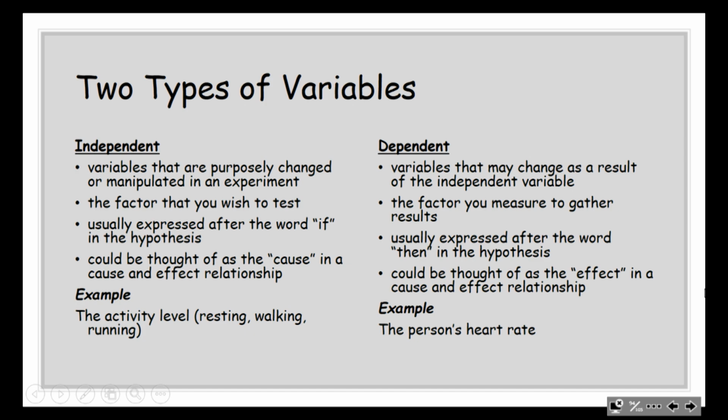So going back to that example I gave you earlier, how does exercise affect your heart rate? The independent variable is what type of exercise we're having them do. Are we having them resting, walking, or running? The dependent variable is going to respond to that. Right? This would be the person's heart rate after they've done the exercise. So kind of think of it this way.